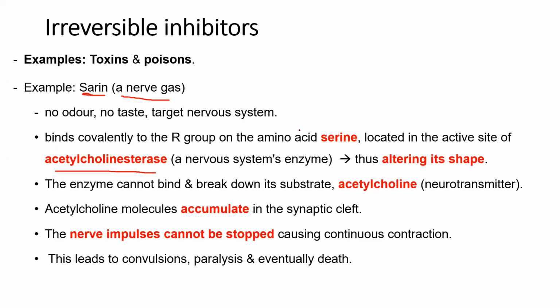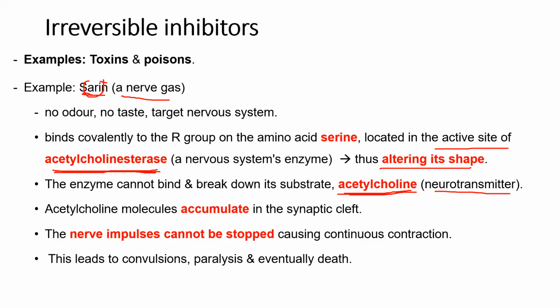Once the sarin molecule binds to the active site of this enzyme, it causes the enzyme to change its shape. Now the enzyme cannot bind and break down its substrate, which is acetylcholine. Acetylcholine is a type of neurotransmitter.